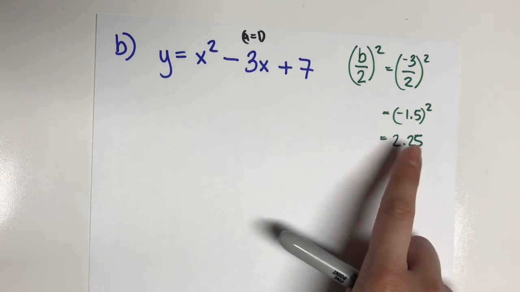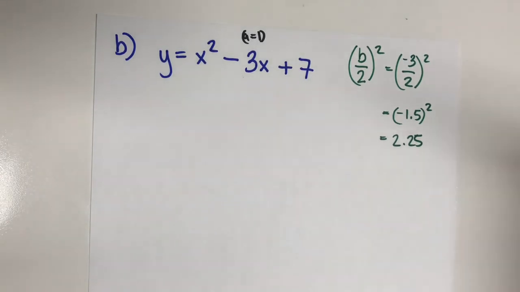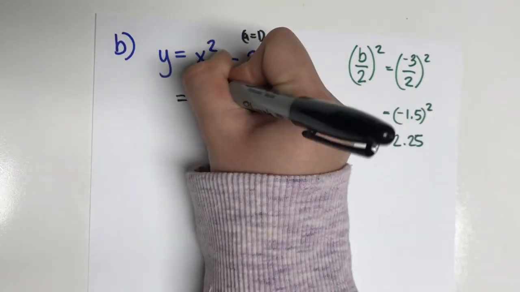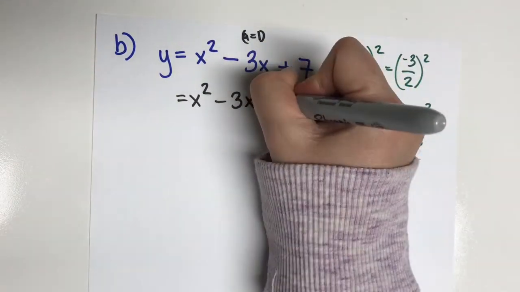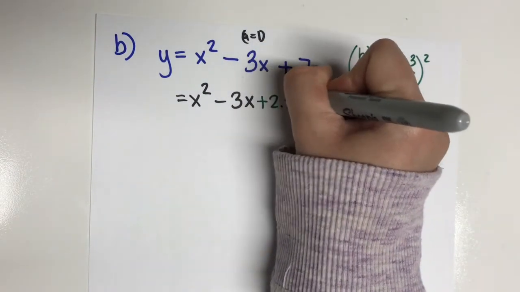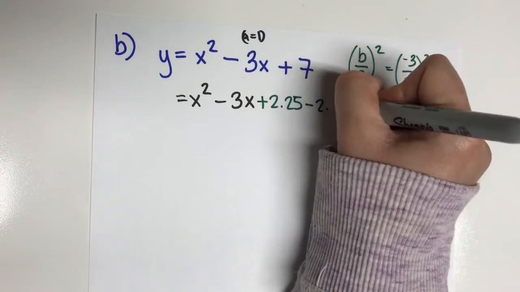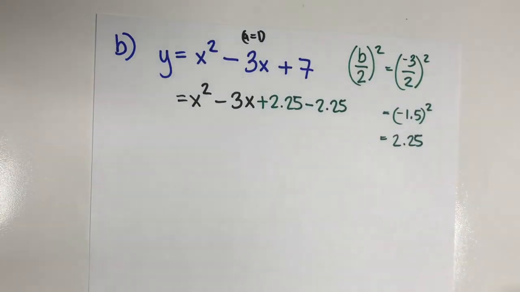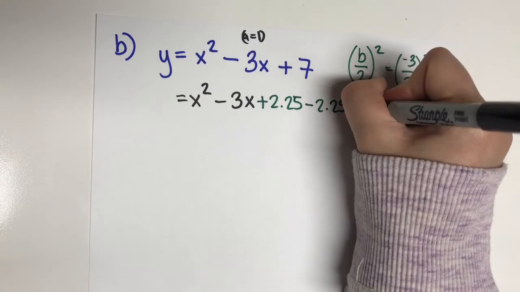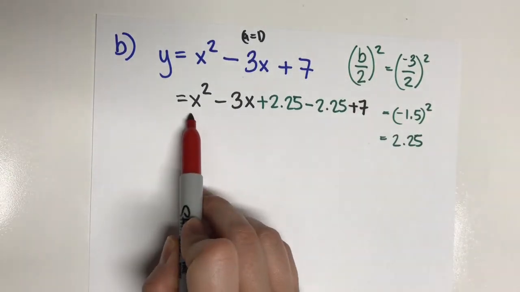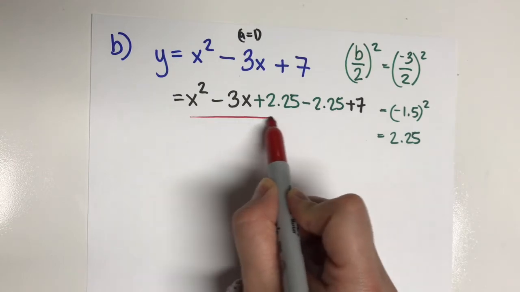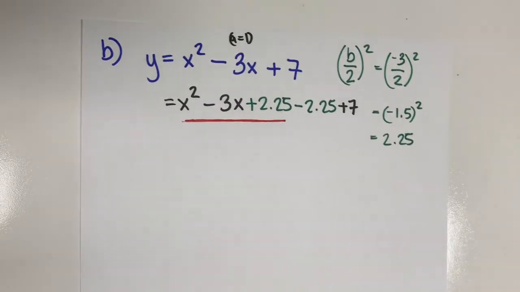So that is what I'm going to add and subtract after the first two terms. That gives me x squared minus 3x, and now I'm going to add and subtract: plus 2.25 minus 2.25 plus 7. Here I have a perfect square trinomial.